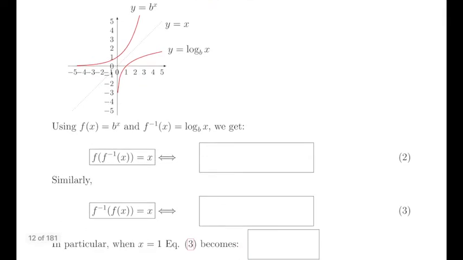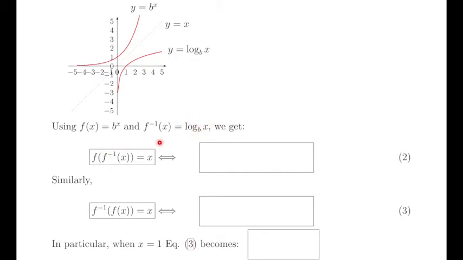All right, and if you remember those two properties of the function and its inverse, if you compose them in whatever order you want, they have the effect of canceling each other out. Let's write that using f of x is b to the x and f inverse of x is log base b of x. Into the function f here, you're going to plug in f inverse of x, which is this.